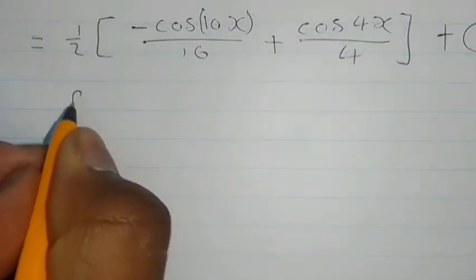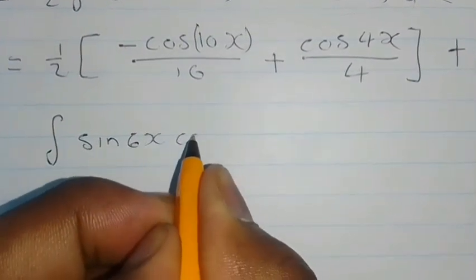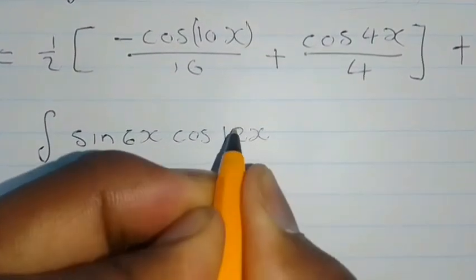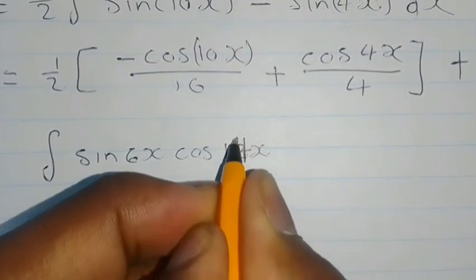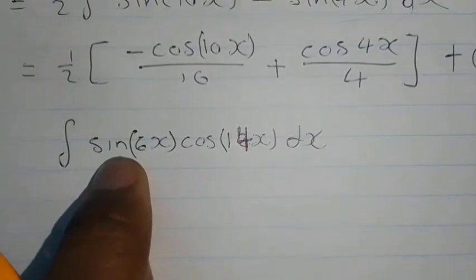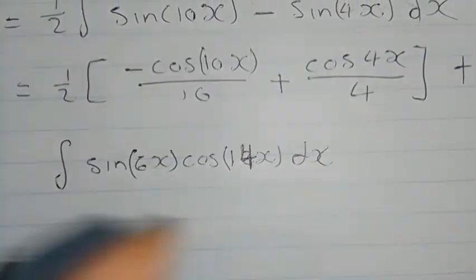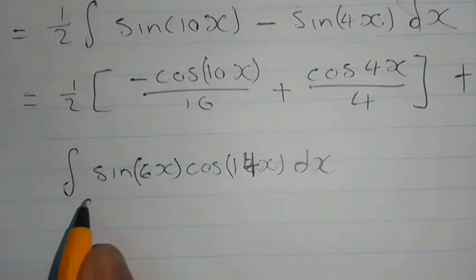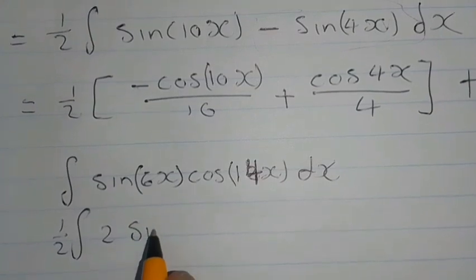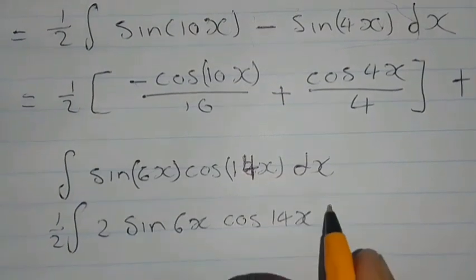Similarly, you can work on the integral of sine 6x cosine 14x. Just try to work on that. I said you multiply by 2 and take the half outside, so you'll have 2 sine 6x cosine 14x dx.